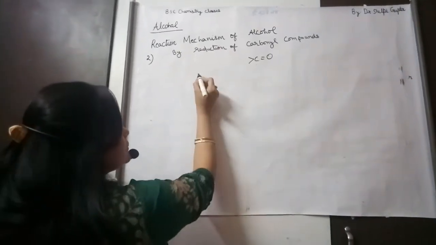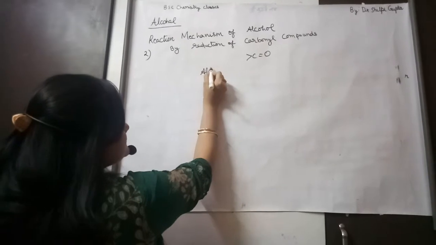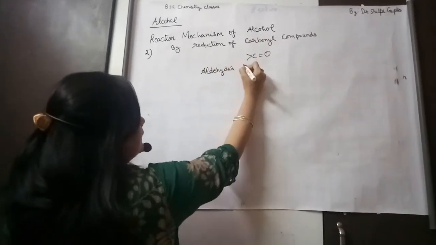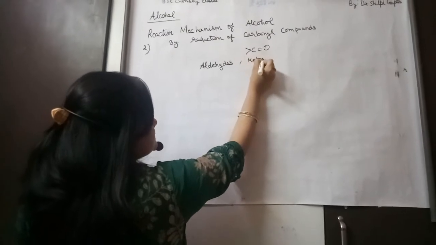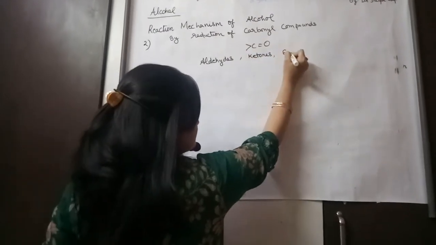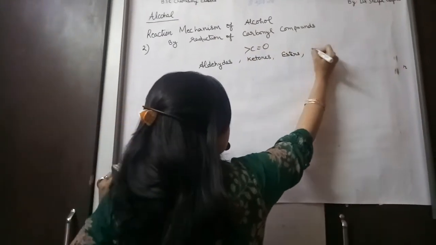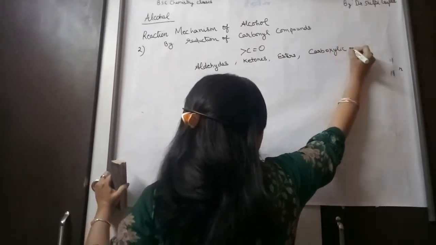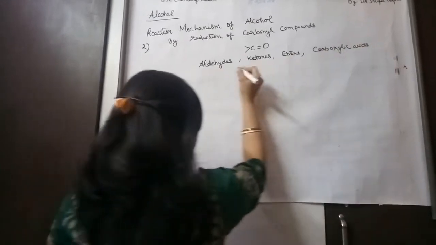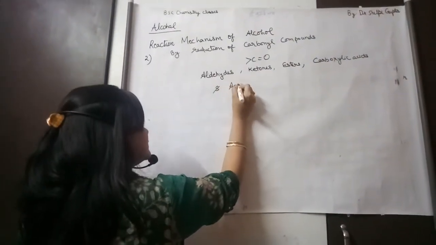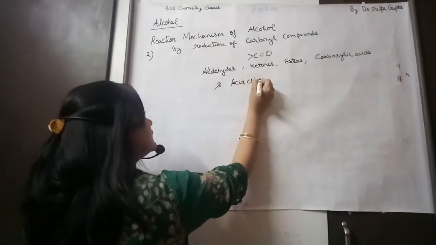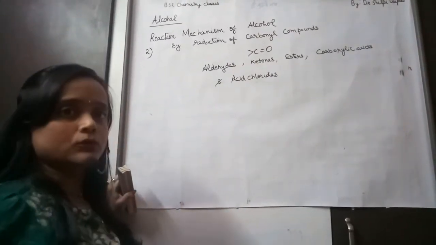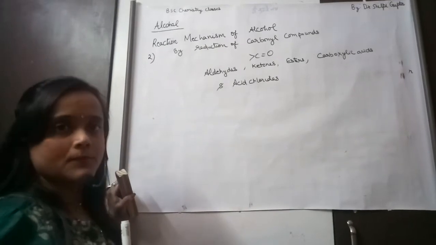Carbonyl compounds are compounds like aldehydes, ketones, esters, carboxylic acids and acid chlorides. All these compounds have this C double bond O group, so all these compounds are carbonyl compounds.